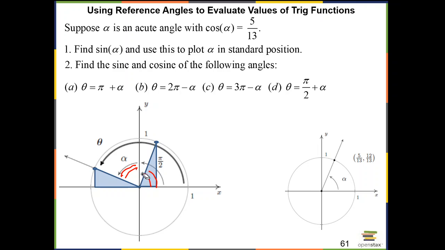Now, obviously, as you see, cosine of this angle seems to be, let me draw it for you. So cosine of this angle seems to be the same as sine of this angle, right? They're both positive, and in terms of value, they're exactly the same.